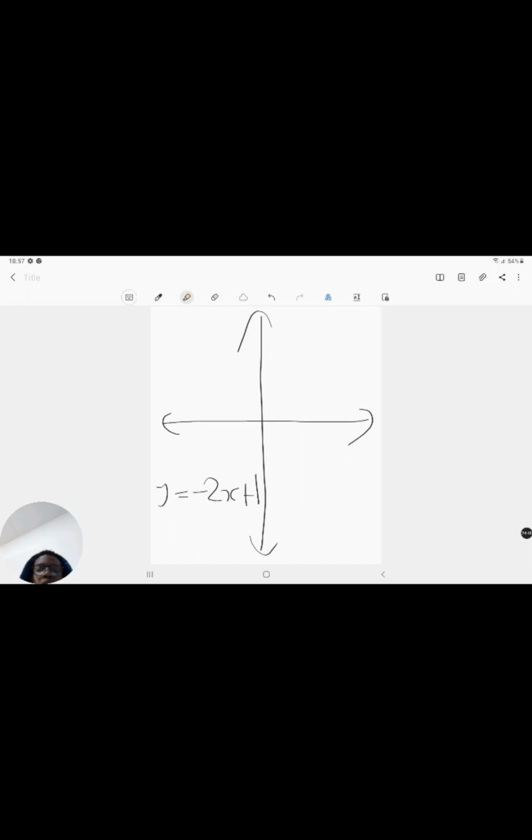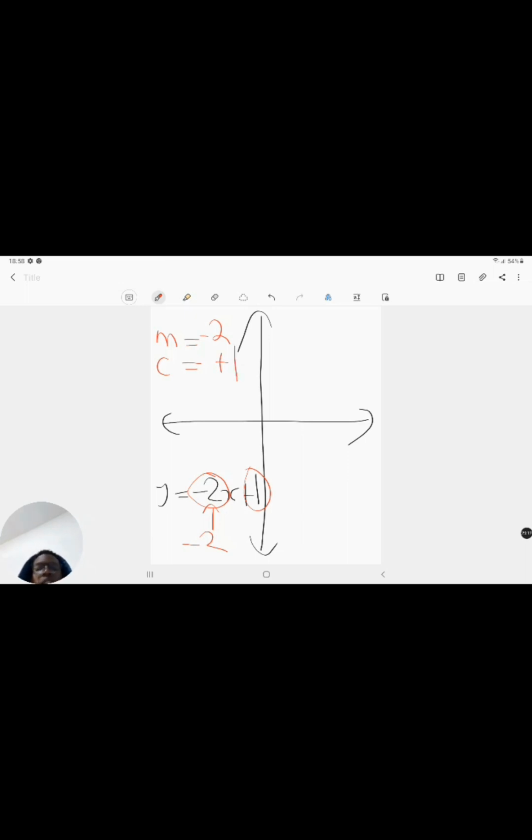Well, you will be able to tell me immediately that the gradient of this graph, m, is equal to minus 2. Why? Because minus 2 is the value that's with the x. And if they ask you what c is, then you know that c is the y-intercept, so c is that value there, so c is equal to plus 1, or you could just say 1.